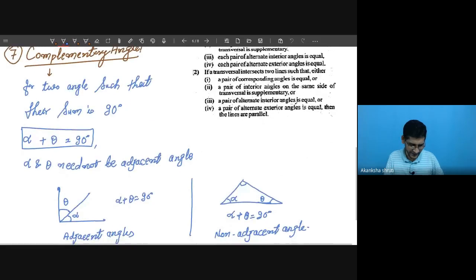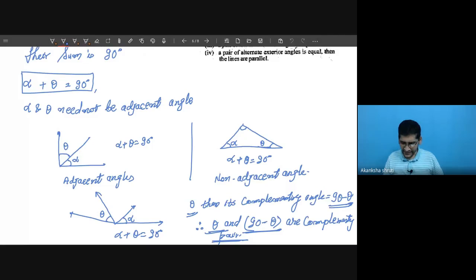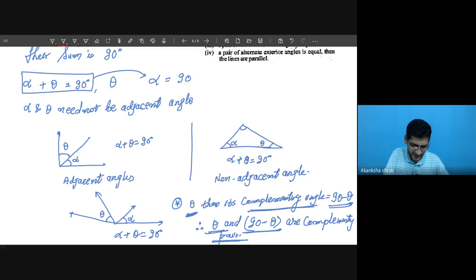This is the definition: any two angles whose sum is 90 degrees are called complementary angles. Now, if one angle is taken as theta, then its complementary angle can simply be calculated. The complementary angle is alpha, simply calculated as 90 minus theta.